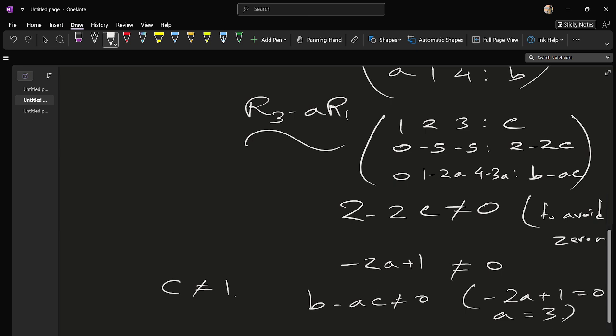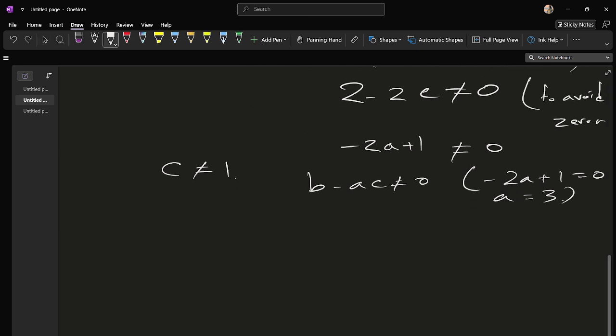So now b minus 3 times 1 is not equal to 0, so b is not equal to 3.